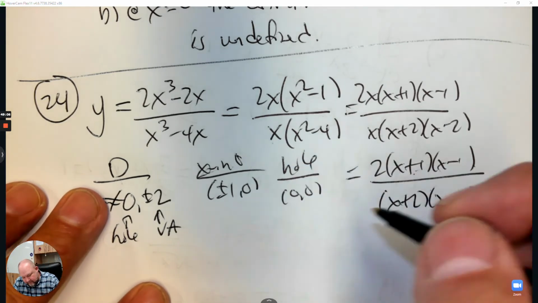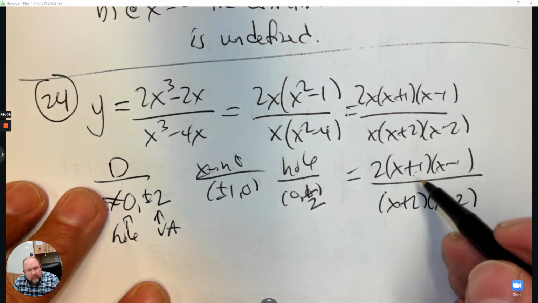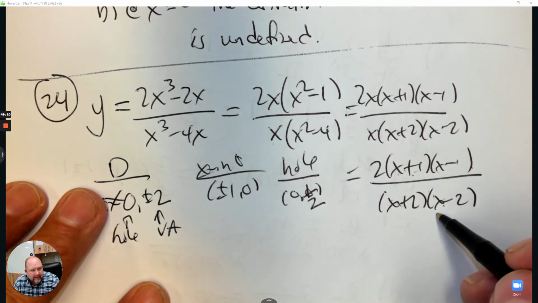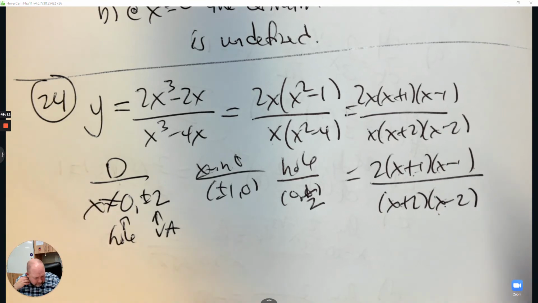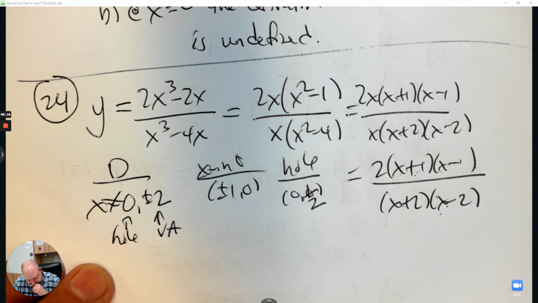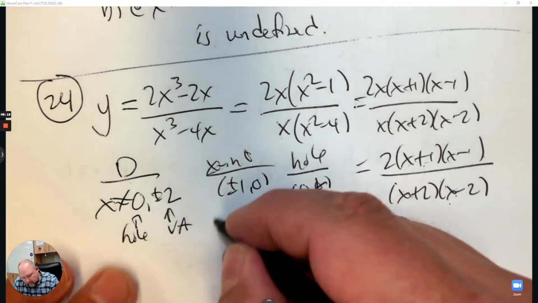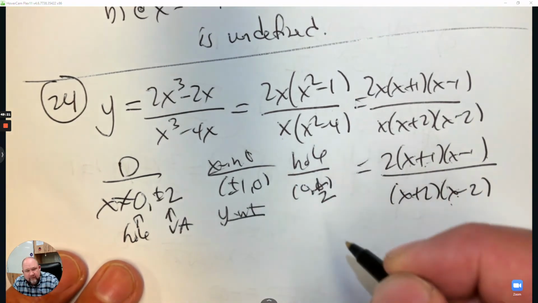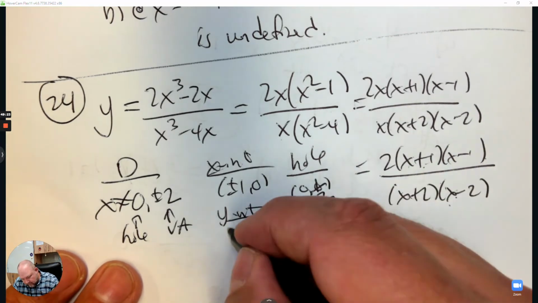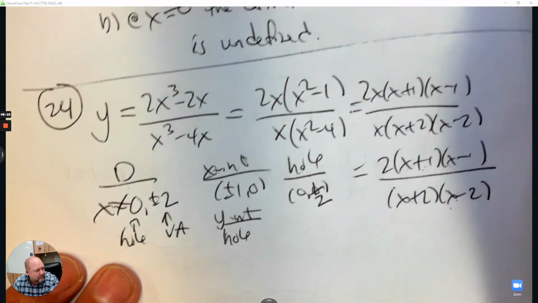At 1/2. So if you plug in 0 here, you end up with 1/2 if you reduce it down. So 0 and 1/2. Positive and negative 1 are the intercepts. The y-intercept doesn't exist. There's a hole there on the y-axis.